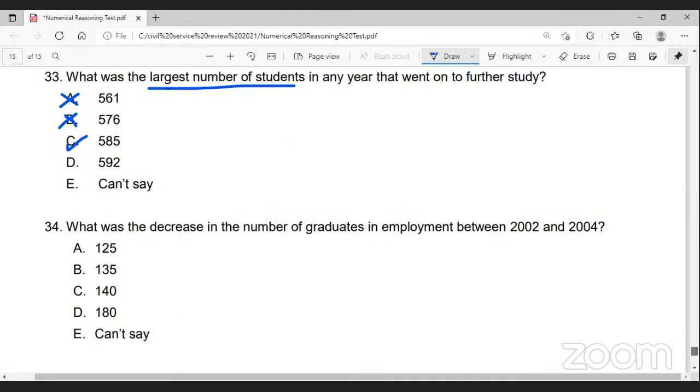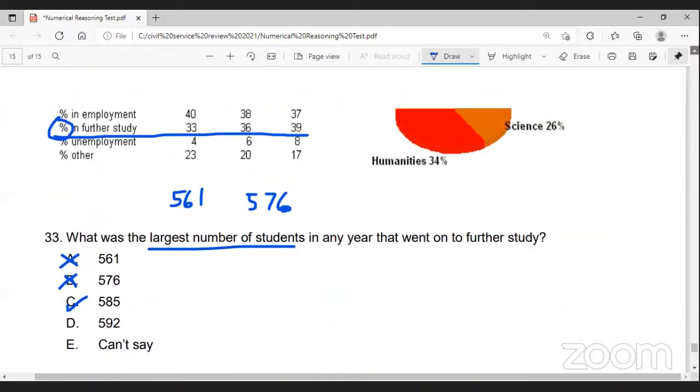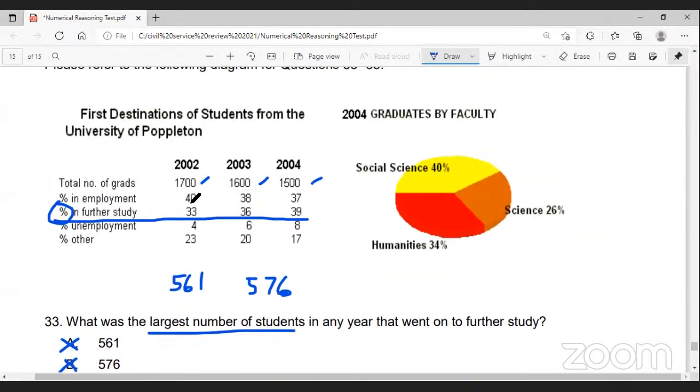One last siguro. Then we could end this Zoom. One last, promise. What was the decrease in the number of graduates in employment between 2002 and 2004? Go back sa 2004 employment. Employed in 2002 is 40% of 1,700. 37% only were employed out of 1,500.